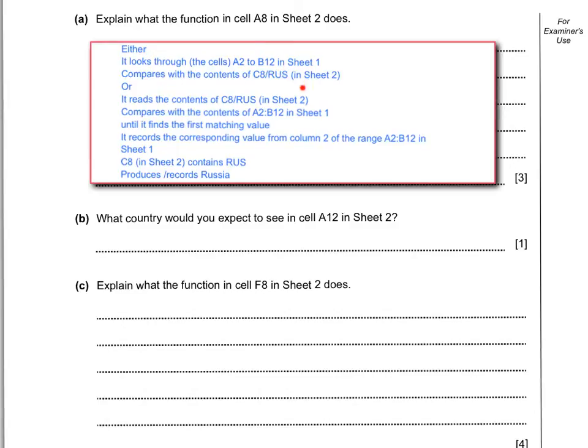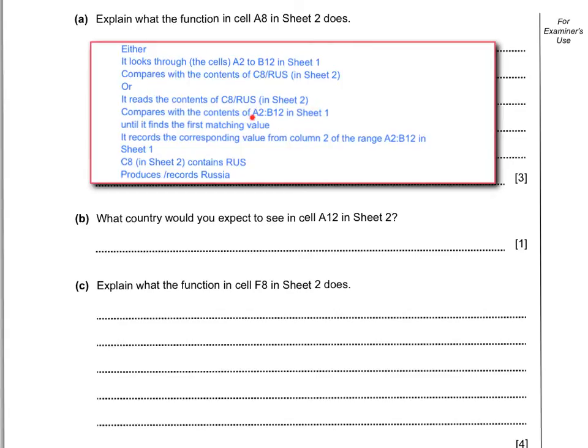Another way of explaining it is: the function reads the contents of C8, RUS, in sheet 2. It compares the contents of A2 to B12 in sheet 1 until it finds the first matching value. The code for Russia might not necessarily be in A2, but it might be somewhere in between those cells.